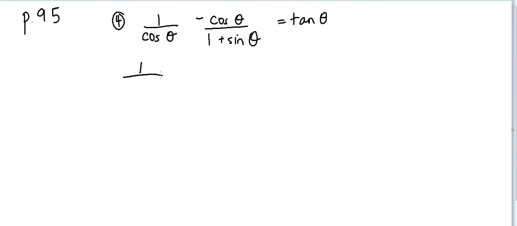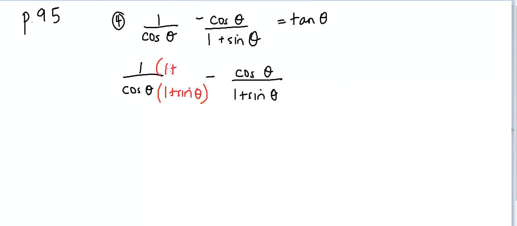So there's not much to do besides find the common denominator. And the common denominator is just having one of each term. So it'll be cos times 1 plus sine. Whatever I introduce on the bottom, I introduce on the top.